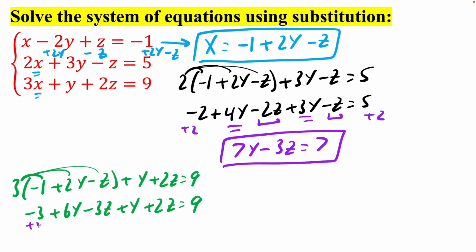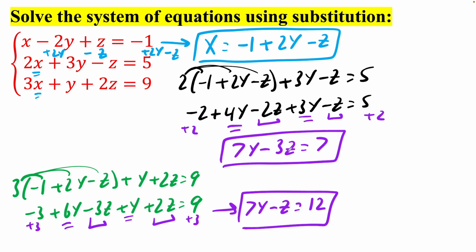Okay, we'll go ahead and add 3, and then we'll combine 6y plus y, we get 7y, -3z plus 2z, we get -z is equal to 9 plus 3 is 12. And we'll go ahead and circle this. Now we have 2 equations and 2 unknowns, so this problem is now much easier.